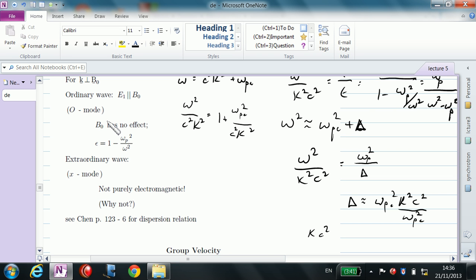It's V cross B0. It has to be perpendicular to both V and B0. But that's the K direction. Because E, we started out by assuming, is perpendicular to K, and B naught is also perpendicular to K, and E is perpendicular to B naught.